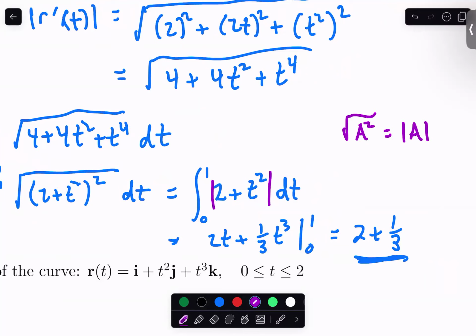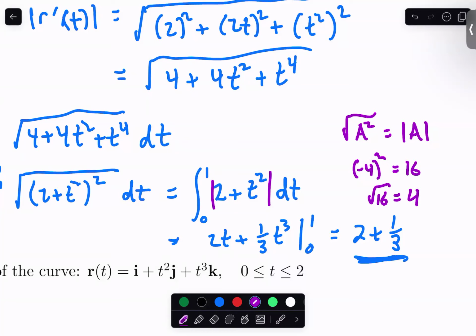Again, this is with the positive square root, and that's what guarantees it to be positive. Notice if I took a number like -4 and I squared it, I would get 16. If I then plug that into a positive square root, I don't get -4, I get +4. So I don't get what I started with. It's actually positive now. So technically we need some absolute value signs here.